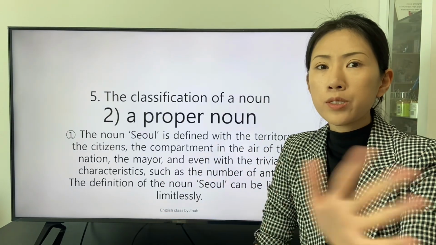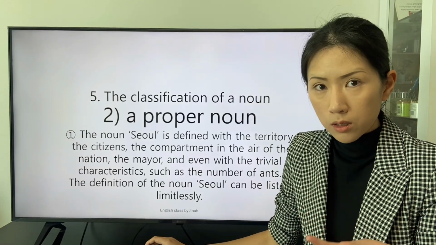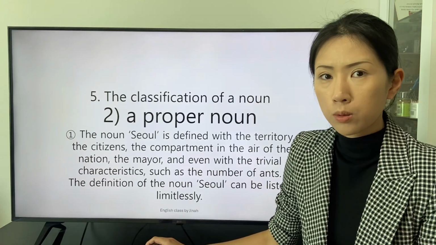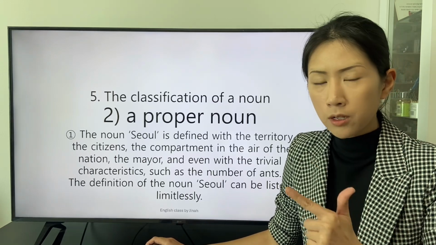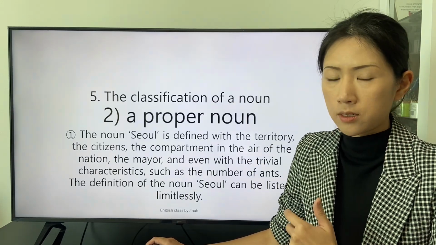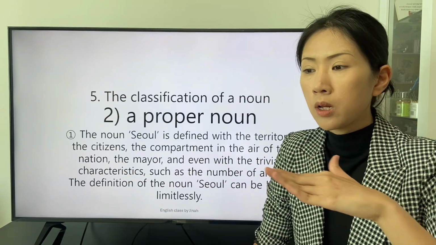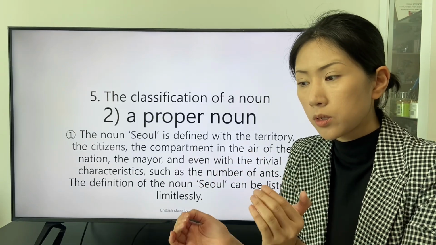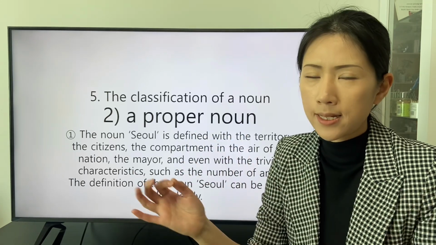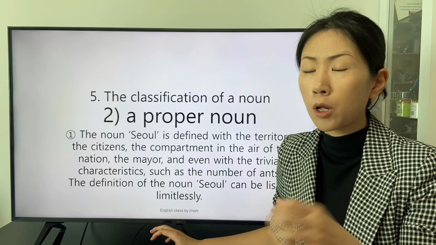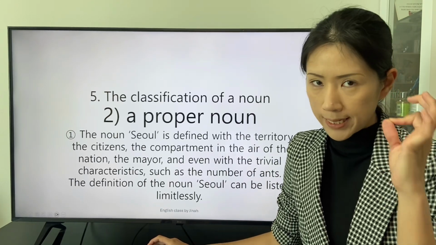People in a linguistic group define the noun Seoul with physical and metaphysical objects. In this way, the people in a linguistic group can list the definition of the noun Seoul limitlessly, because the noun Seoul can be defined with trivial characteristics.